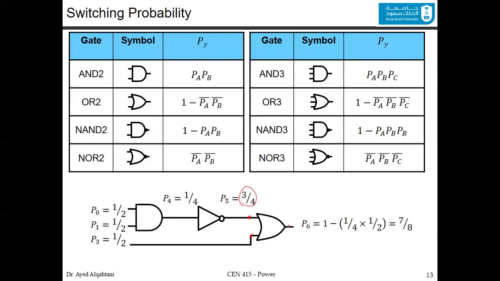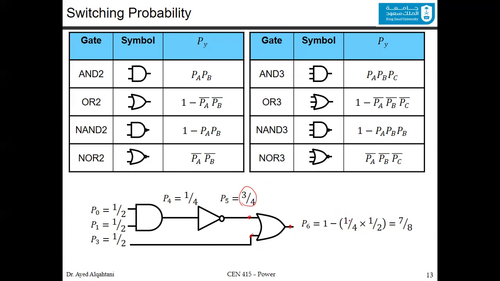So the probability at the output of the OR, we get it by applying this rule: 1 minus the probability of A bar times the probability of B bar. Meaning it is the complement of this one, which is 1 minus a quarter, times 1 minus a half, which is a half.